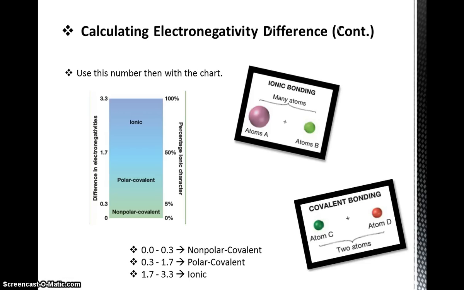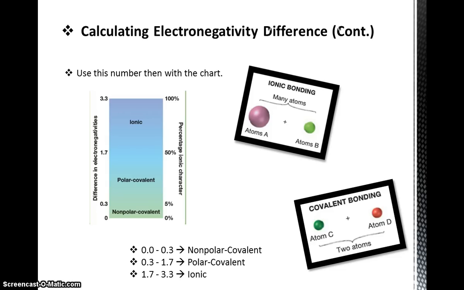And this bond is going to be an ionic bond because all the negative charge is going to go to the fluorine, and all the positive is going to go closer to the lithium.